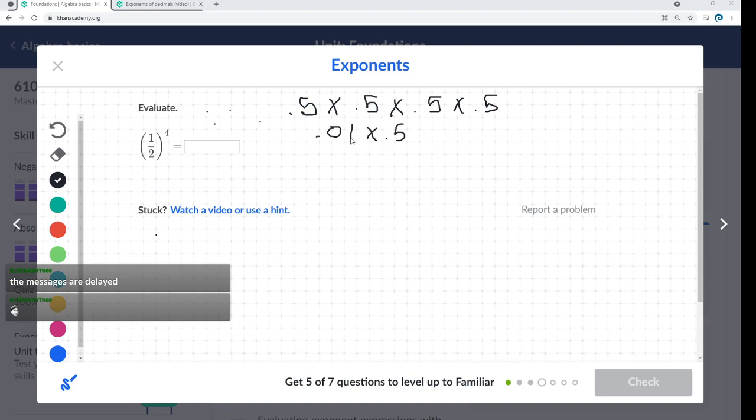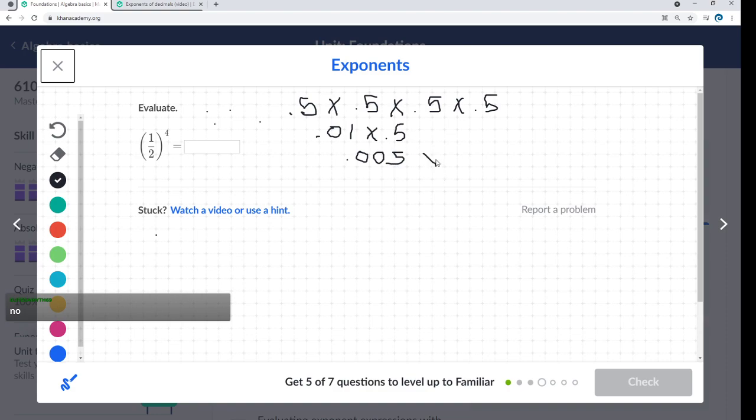That's 0.5. Let me just get an answer. Okay, that makes sense. So it's just 1 times 5, and then it's the same decimal multiplication, right? So 1 times 5 is 5. And then it's 1, 2, 3 places. So 0.005. And then that's times 5. Right?